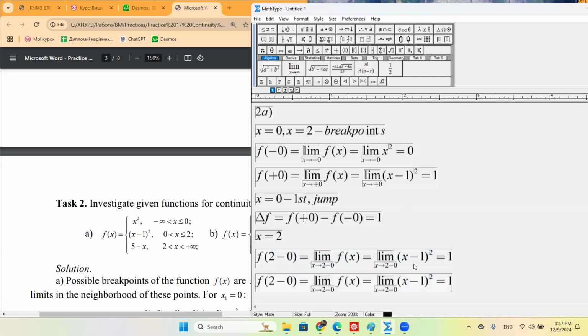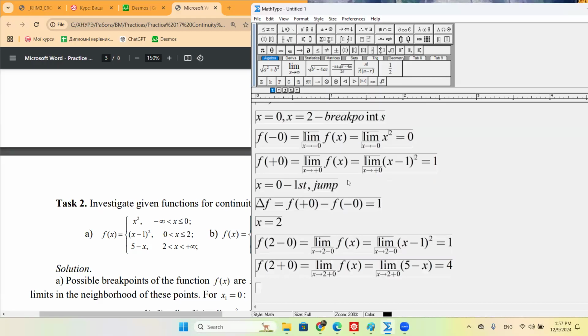And for 2 plus 0, which expression? 5 minus x, yes, and it is 4. So again, which kind of breakpoint?